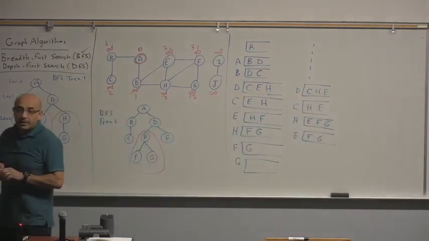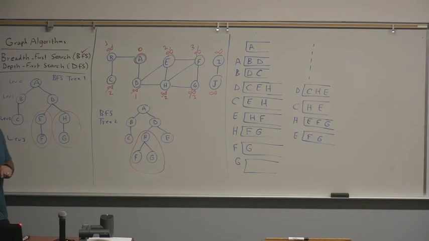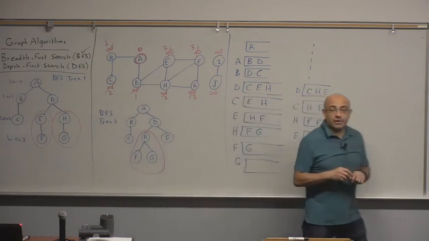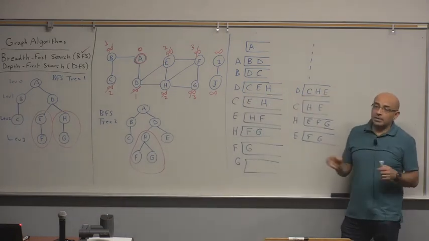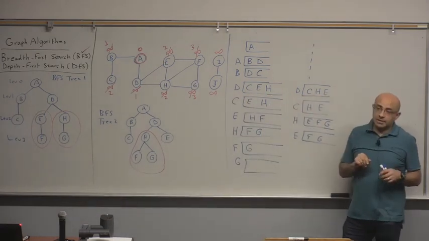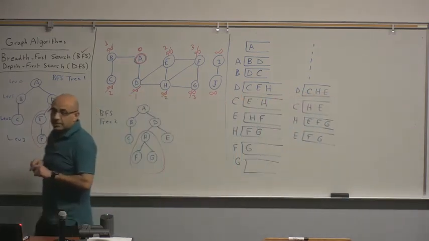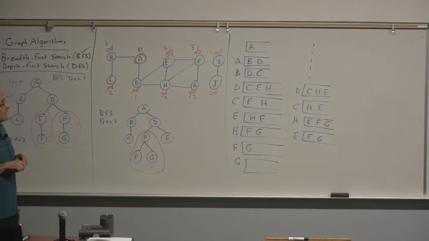So I will just wait until we cover Dijkstra's algorithm, and then we will give a proof of correctness, and that will imply the correctness of BFS, because it's a special case. Okay, so two different trees, but same distances.